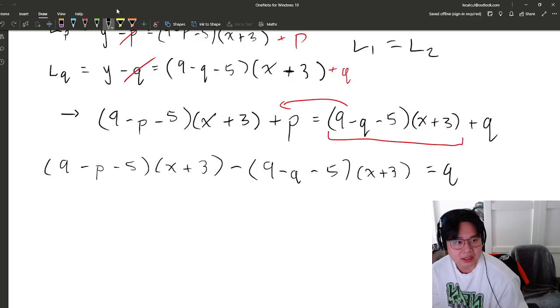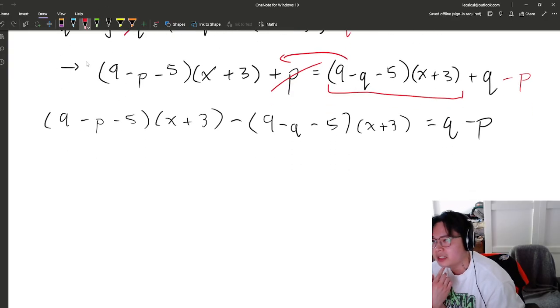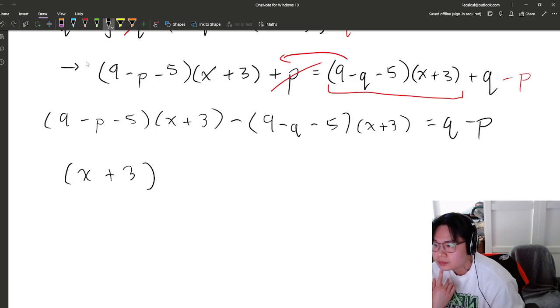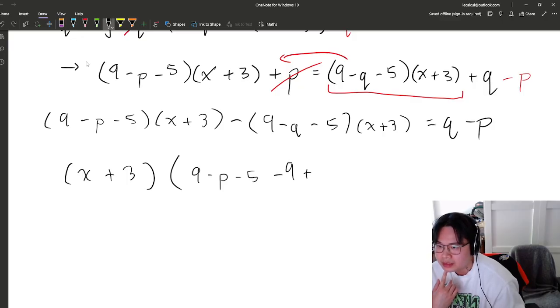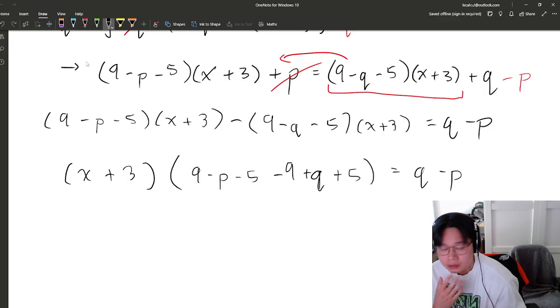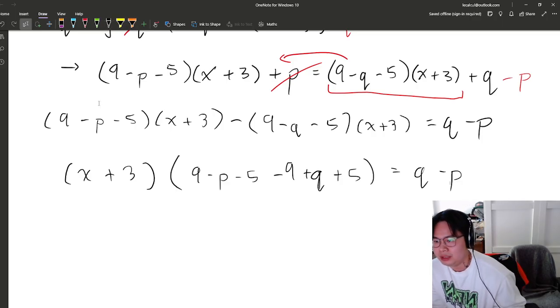And then I'm going to subtract the p from the left side here. Okay, then I can factor out the x plus 3. And then subtract off this thing, so minus 9 plus q plus 5q minus p. Okay, does this lead me anywhere?